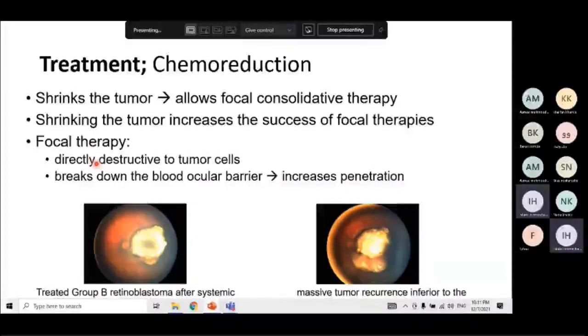So we send the patient to have the chemo, and then the patient comes back and we do either a cryotherapy or a TTT or whatever we do to have two advantages: directly destroy the tumor cells which were shrunk after the chemotherapy, and then break the blood ocular barrier and increase the penetration of the chemotherapy. So the patient goes through cycles of chemotherapy, and then we do focal treatment.